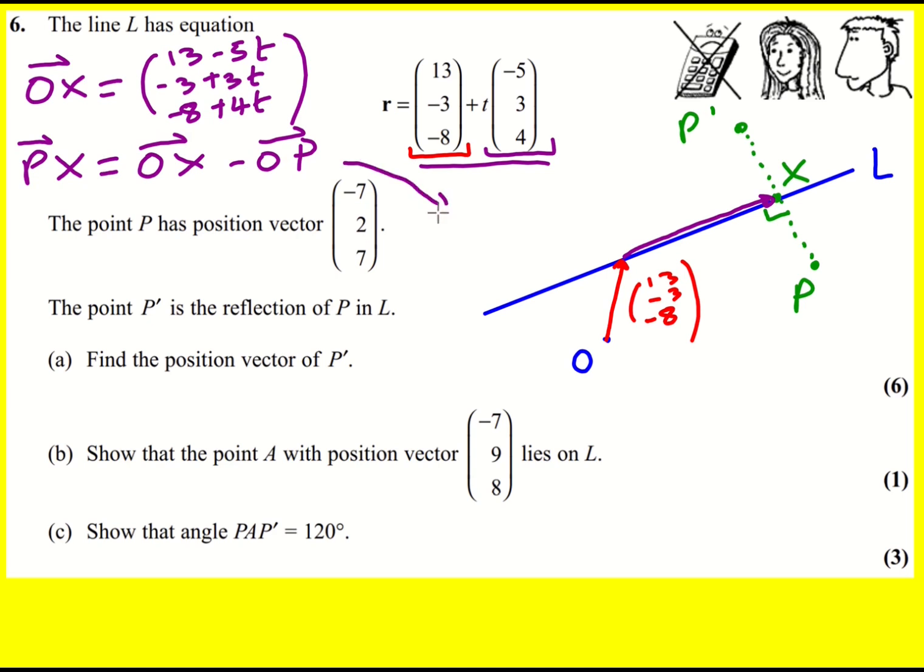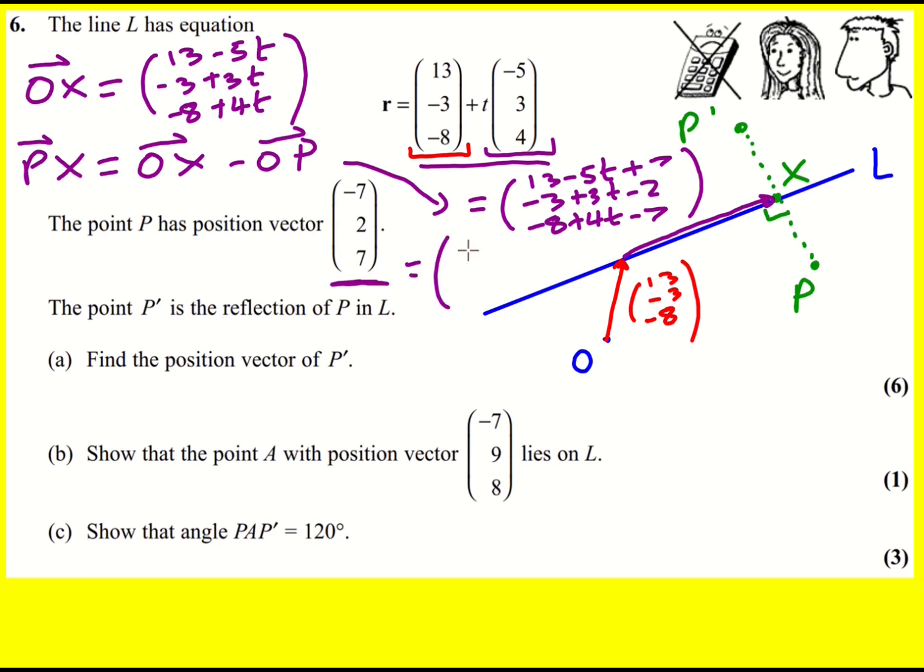So that is going to equal 13 minus 5t, minus 3 plus 3t, minus 8 plus 4t, and then we're minusing OP, this one here. So I'm going to be adding 7, minusing 2, and minusing 7, which then becomes 20 minus 5t, minus 5 plus 3t, and minus 15 plus 4t.